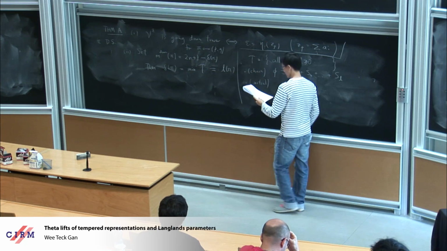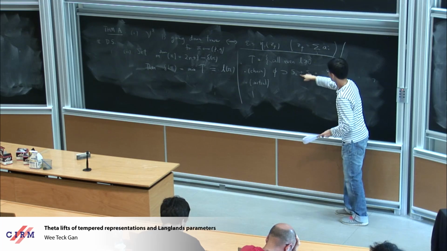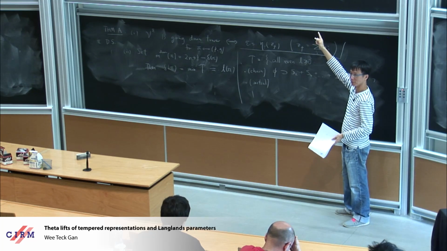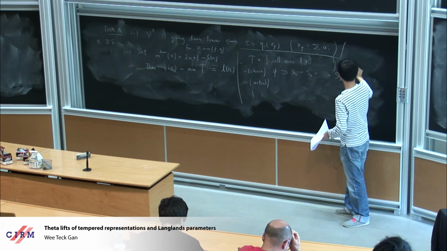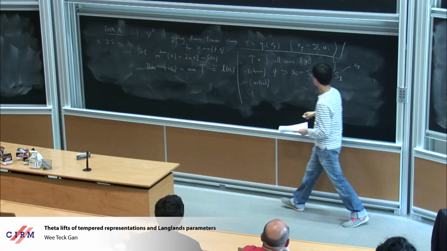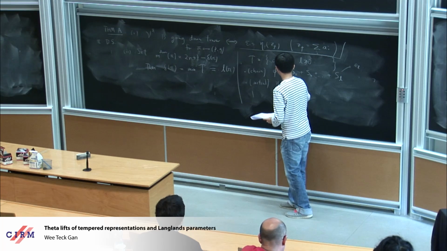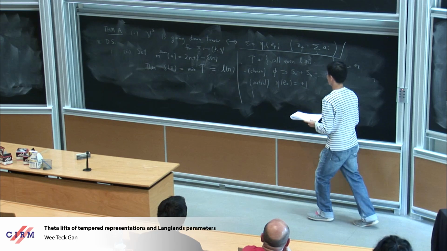It's an initial condition. Since it contains these, each of these is going to contribute a basis vector to the component group. I'm going to call the basis vectors E2, E4, EL. So eta of E2 has to be +1.